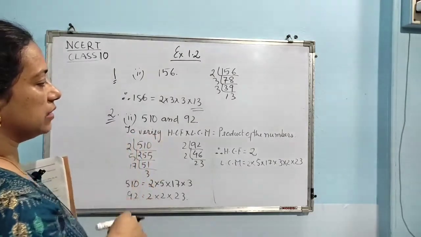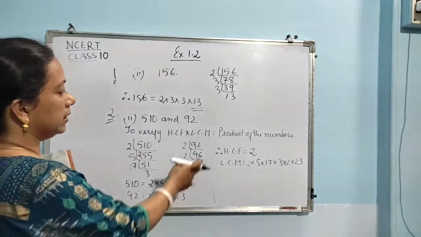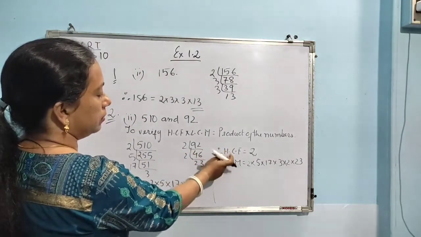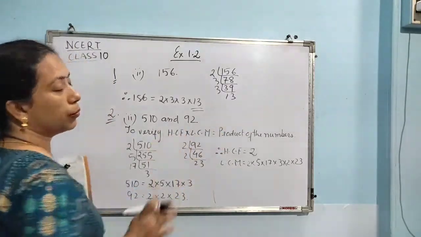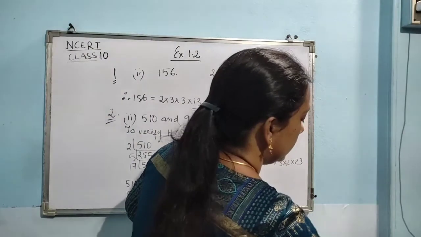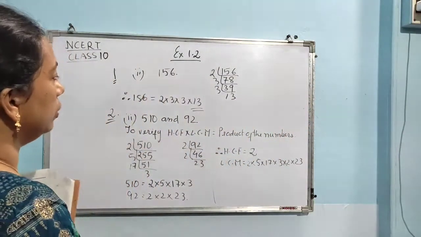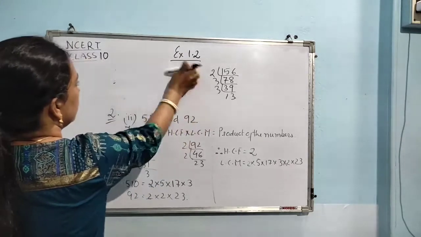So we got the HCF, we got the LCM. Now we have to show that if we find the product of HCF and LCM, that will be equal to the product of the numbers. So we have to multiply the numbers, and then we have to multiply the HCF and LCM also.